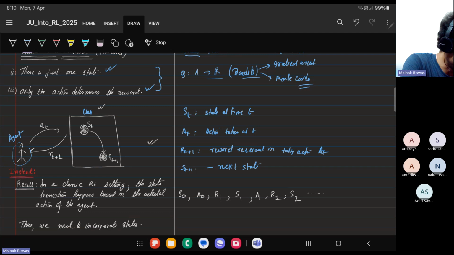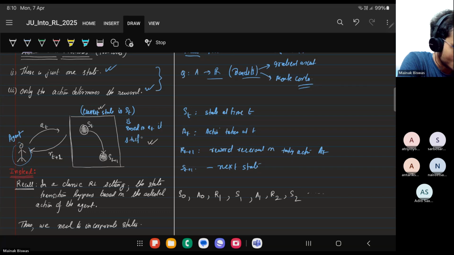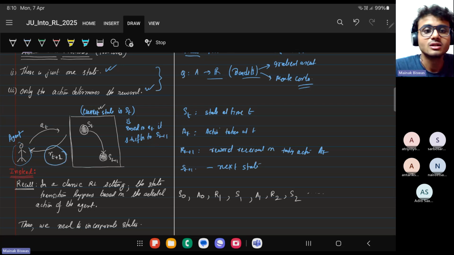The current state of the environment is St, and based on At, it shifts to St plus 1. And it returns a reward to the agent, which is Rt plus 1. So this is the broad idea of a reinforcement learning algorithm.